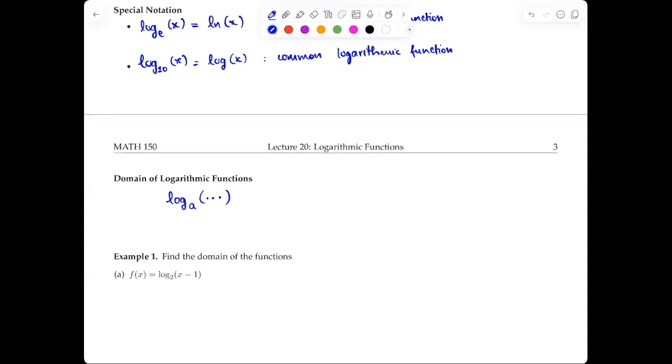That part is going to be greater than 0, and that is the domain of the function.